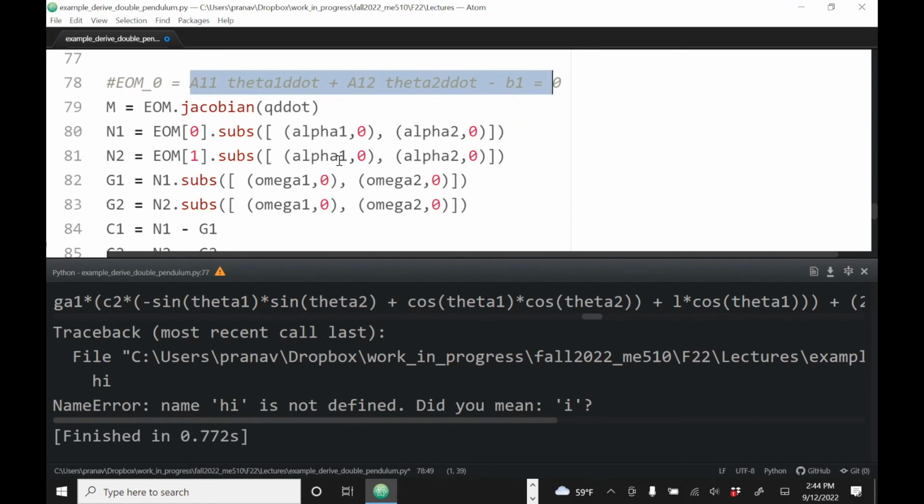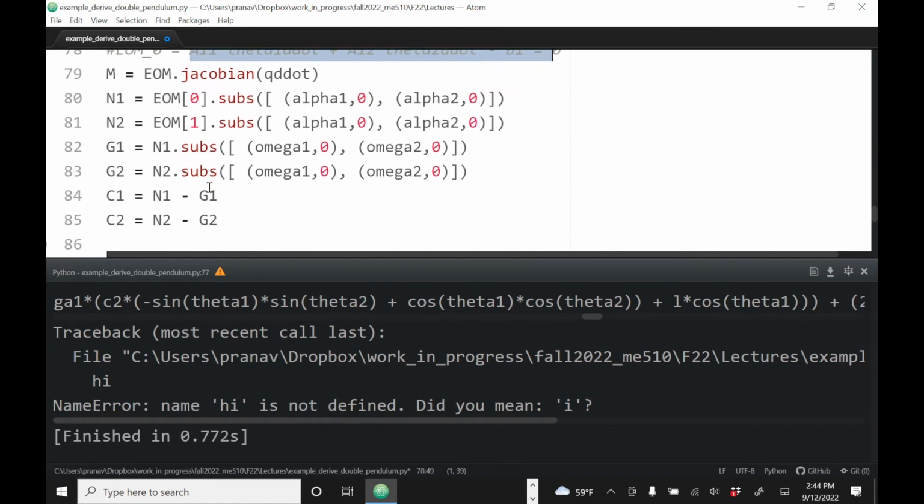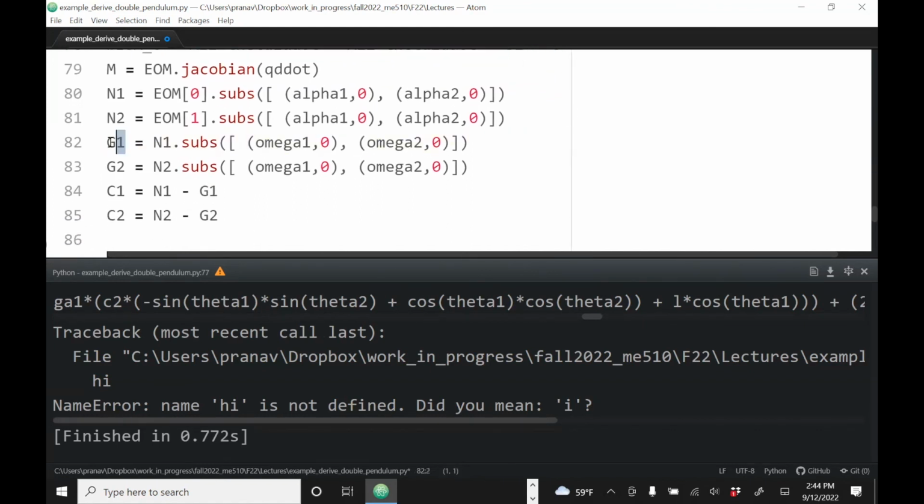Again, I'll talk about the Jacobian next class. Here I've used this trick to compute B1. B1, I told you, has a gravity term and a non-gravity term. The gravity term does not have angular speed in it, so if I put angular speed equal to 0, whatever remains is the gravity term.